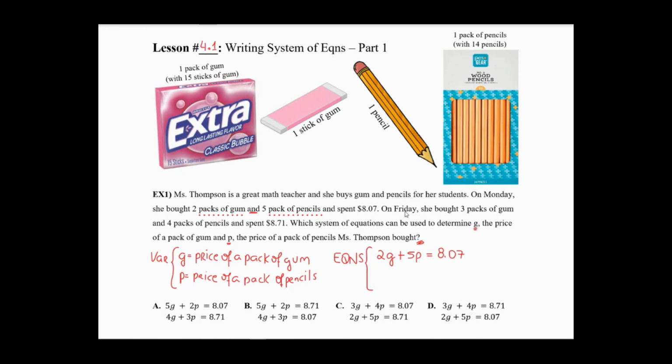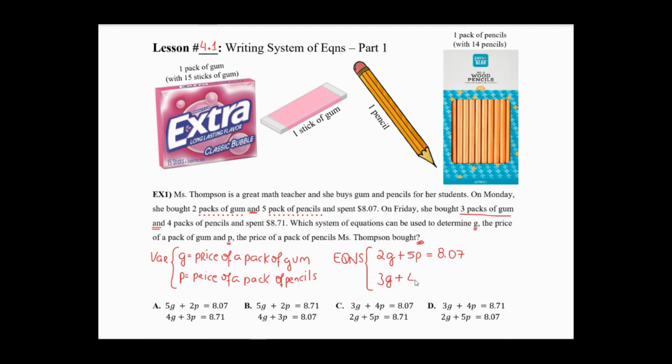And the second sentence says, on Friday, so another day, she bought 3 packs of gum. We can translate that to 3G. And please remember, "and" in mathematics means plus. So we write plus 4 packs of pencils.